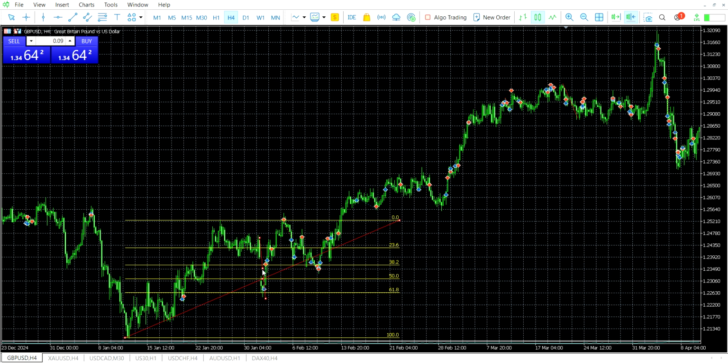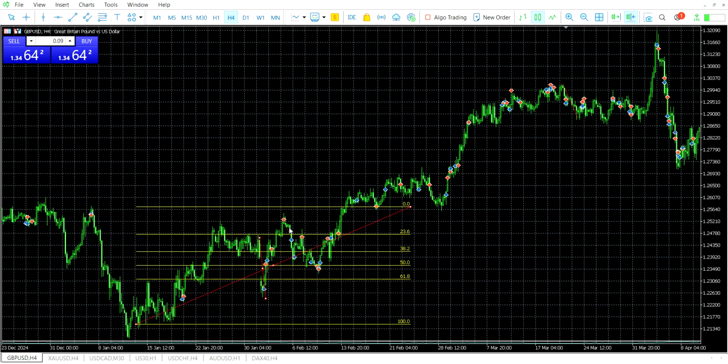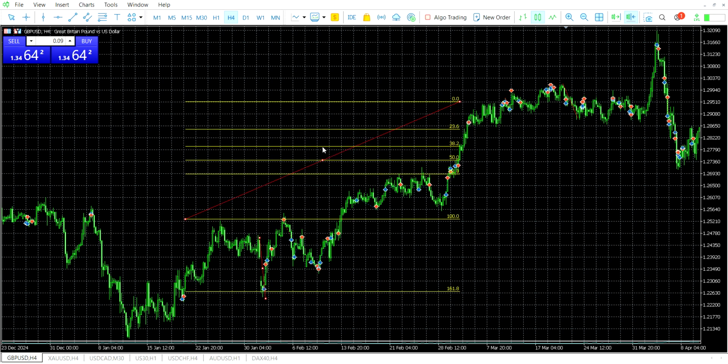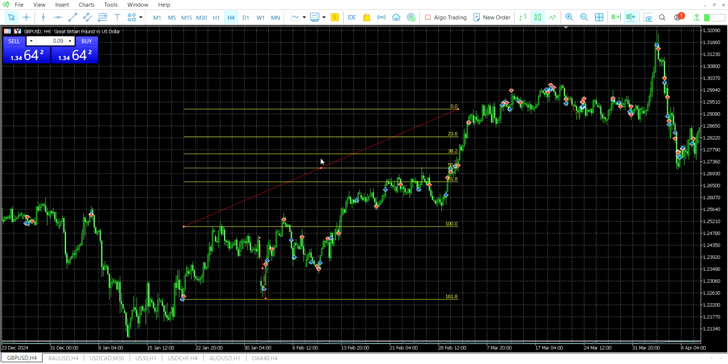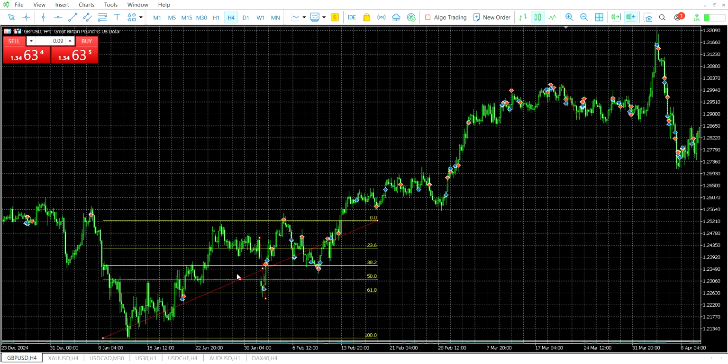Next, we can also use the Fibonacci levels to predict the potential goal. Let's say we already have the first wave according to Elliott wave, the first wave of the current or newly formed trend.